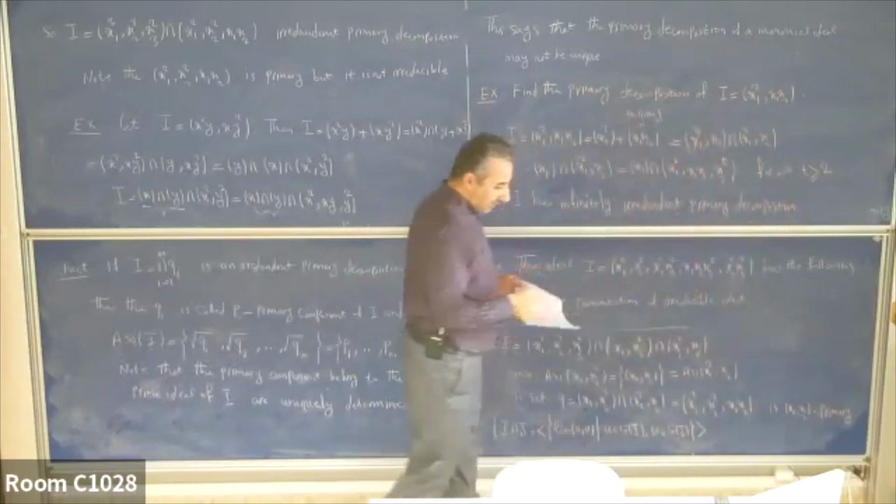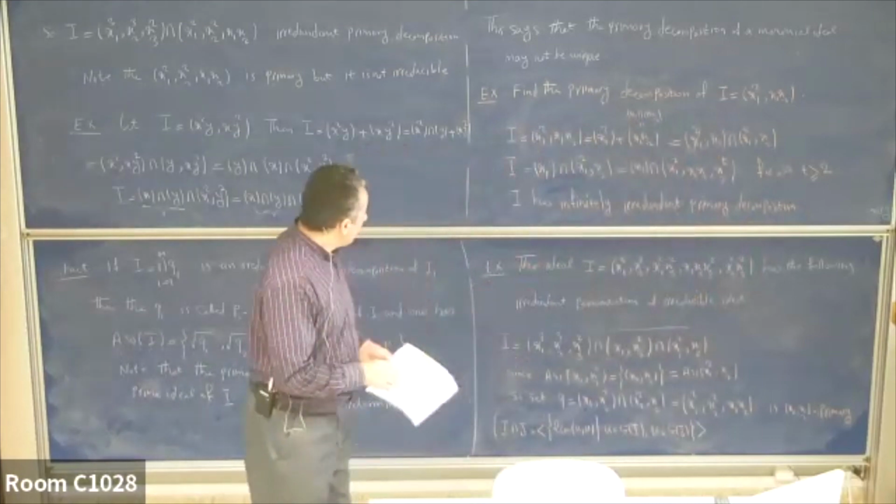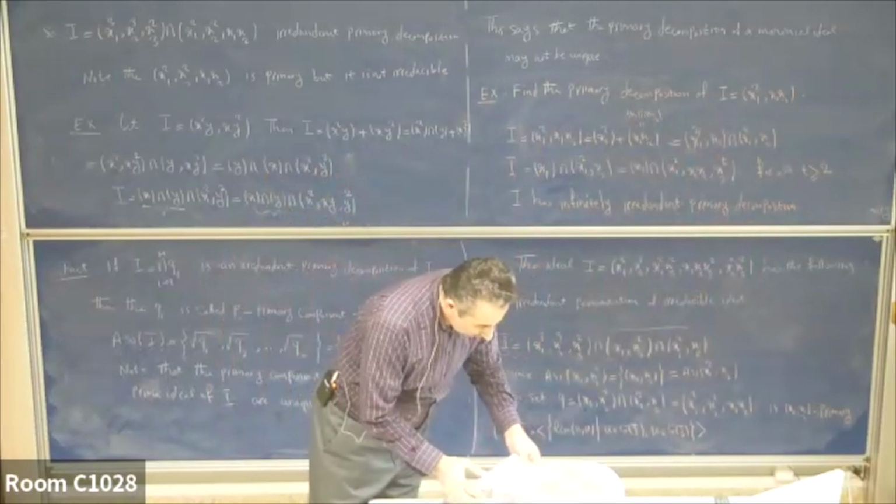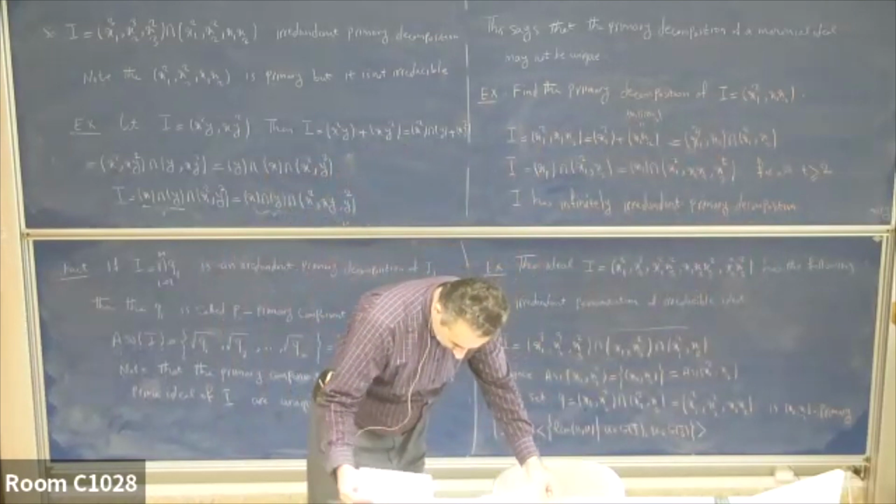But for irreducible decompositions, this does not happen. Just a remark: as you are saying, in general you cannot guarantee that primary decompositions are unique if you don't put extra conditions.